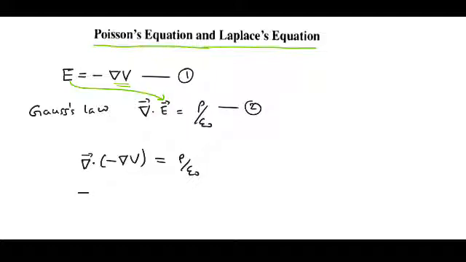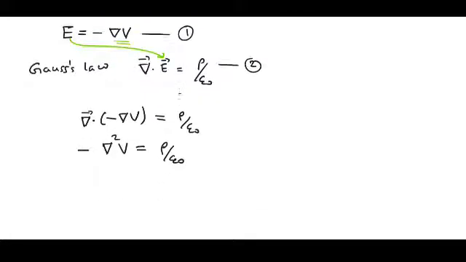If I take a minus outside, del dot del will be del square. This will be del square V is equal to rho by epsilon 0. If I take the minus sign to the right side, this is del square V is equal to minus rho by epsilon 0.